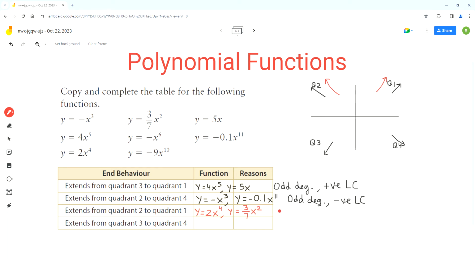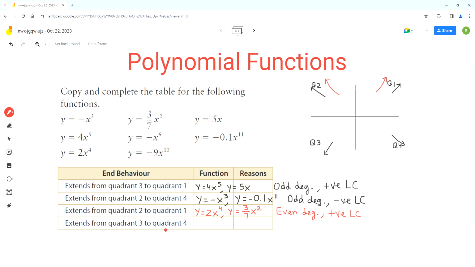Now we can write the reason. So even degree and positive leading coefficient. Now we can analyze the fourth behavior.